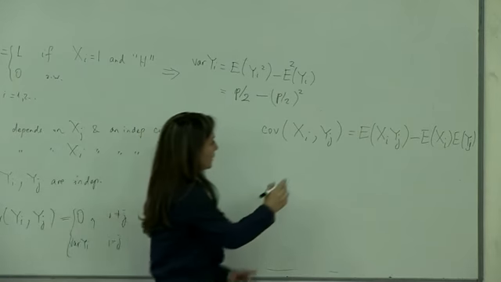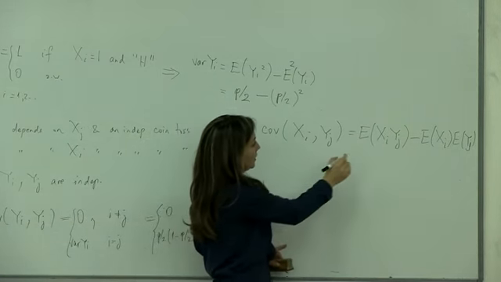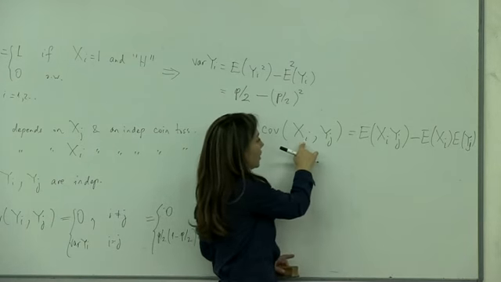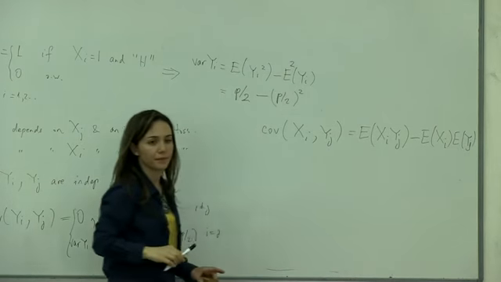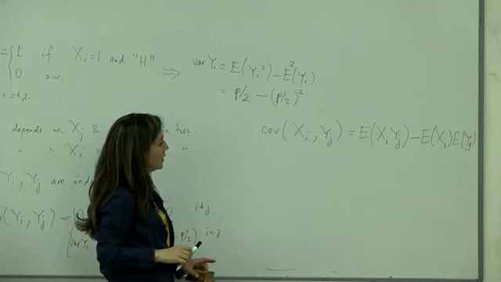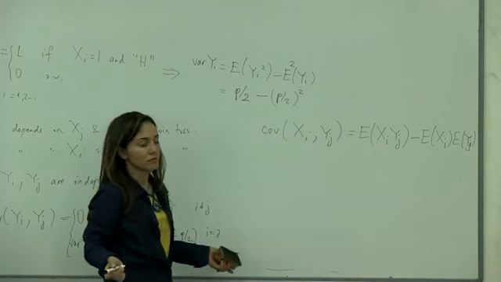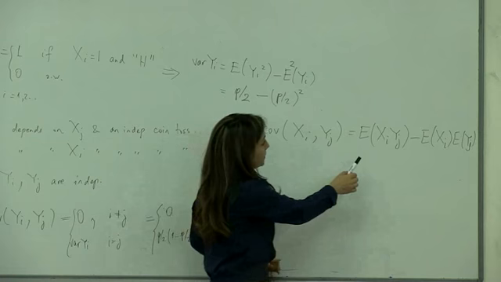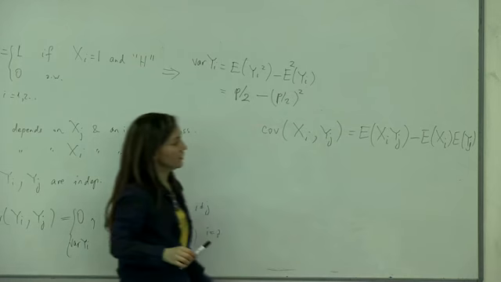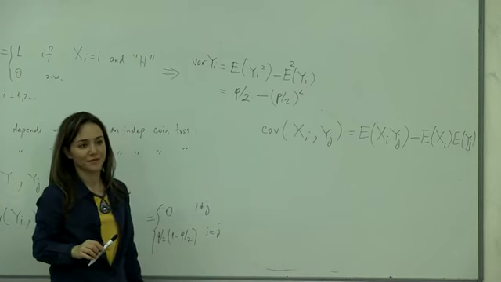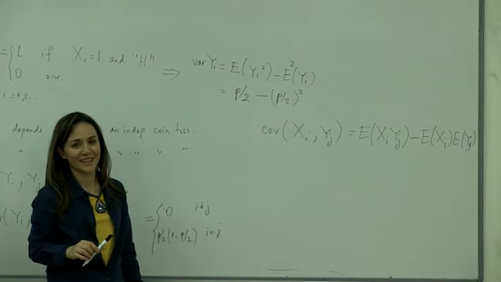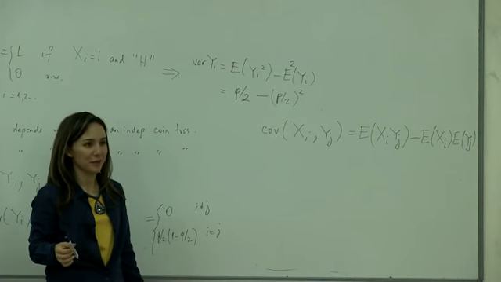In the case when i and j are the same, it won't be 0.